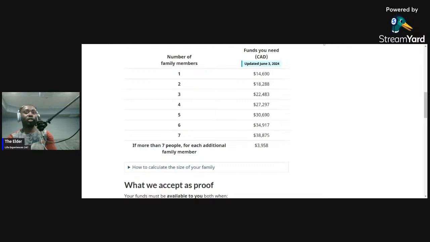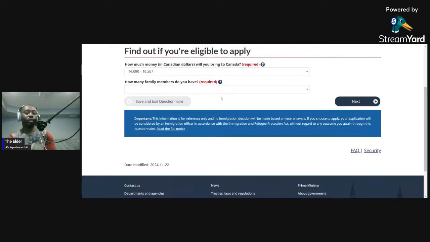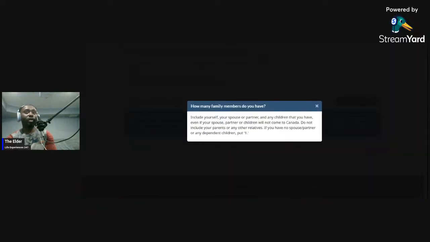And I think they actually talk about this. How many family members do you have? Include yourself, your spouse or partner, and any children that you have, even if your spouse, partner, or children will not come to Canada.